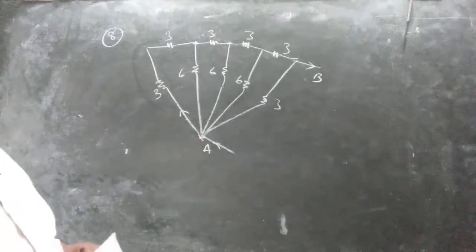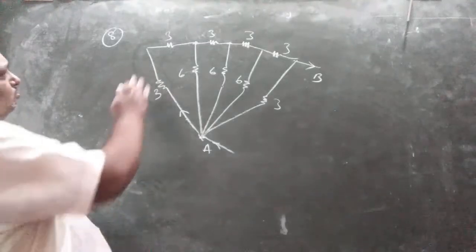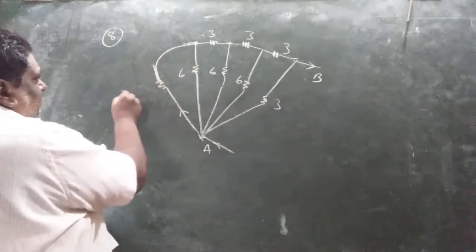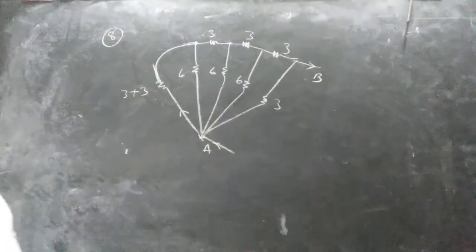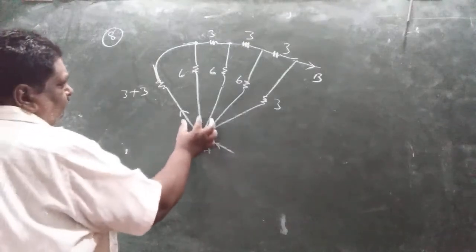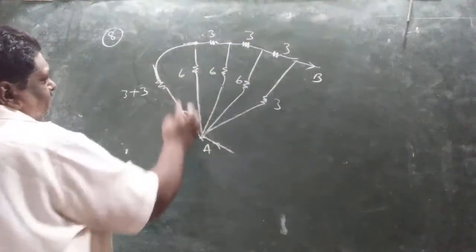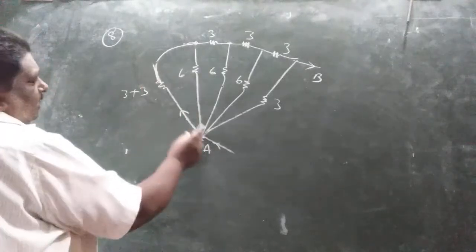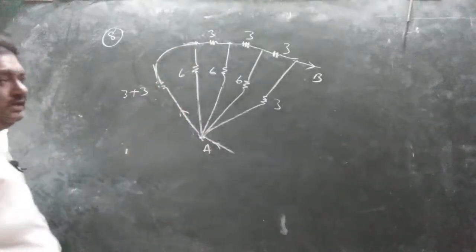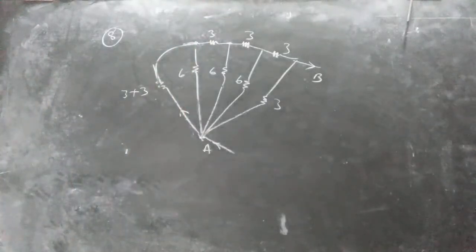What is the need of two resistors? We shall replace these two by one resistor, 3 plus 3. Now this branch, you observe, is 6, and the current passing through it joins again here. That means 6 and 6 are parallel.